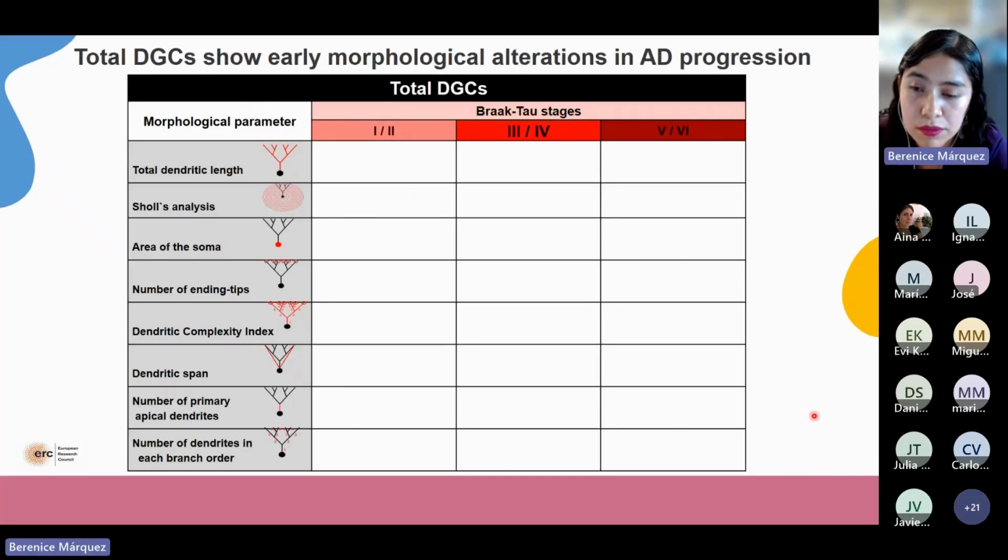Altogether, these results indicate that total dentate granule cells show early morphological alterations that are further aggravated as the disease progresses.